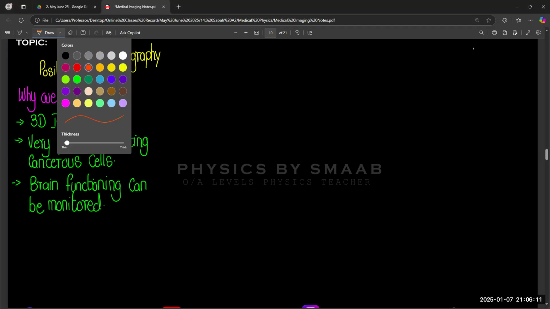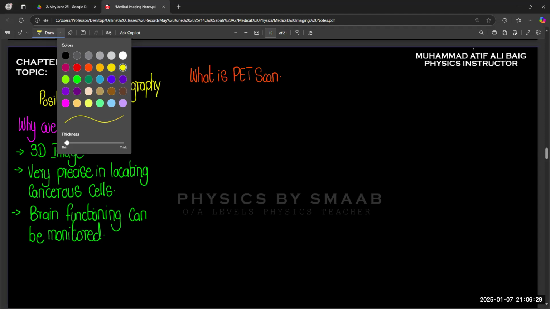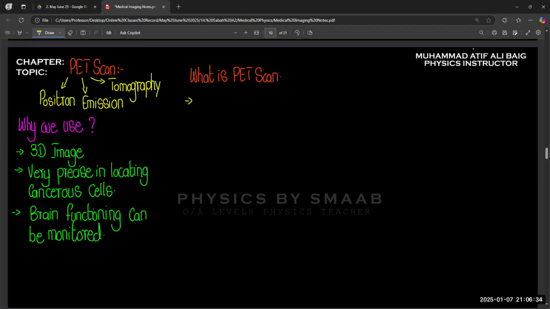And the next question is, what is PET scan actually? The basic thing remains the same, that it is a 3D medical imaging technique.